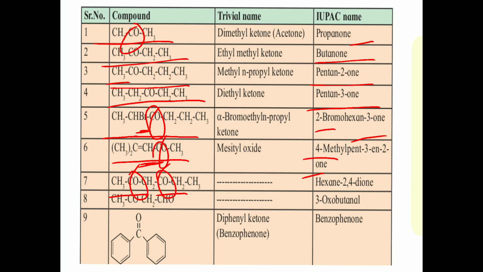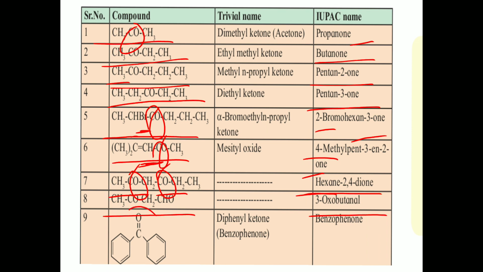As we already studied, when it contains 2 carbonyl groups, we use the word dione, and it contains 1 2 3 4 5 6 carbon atoms, so the name is hexane. The carbonyl groups are present at the second and fourth positions, so hexane-2,4-dione. Now here CH3COCH2, we use the name 3-oxobutanal, fourth carbon, so butanal.